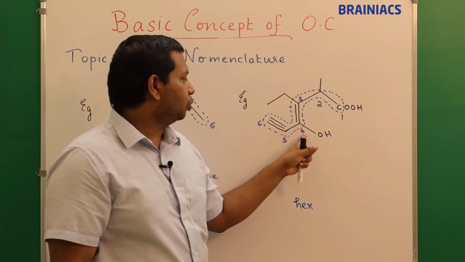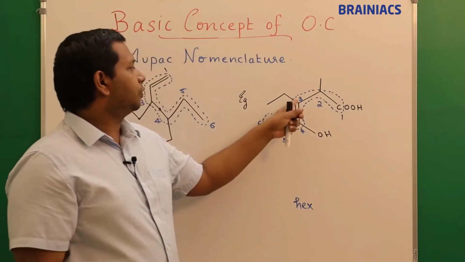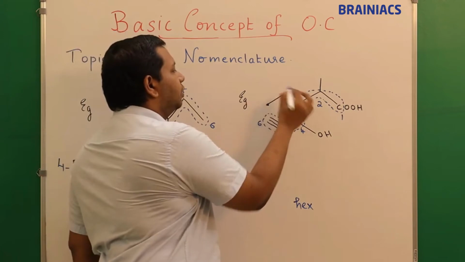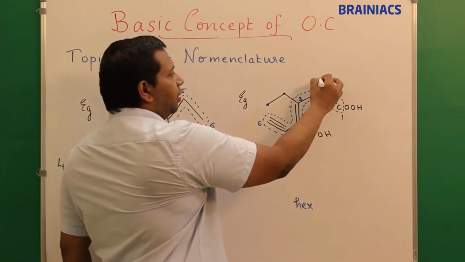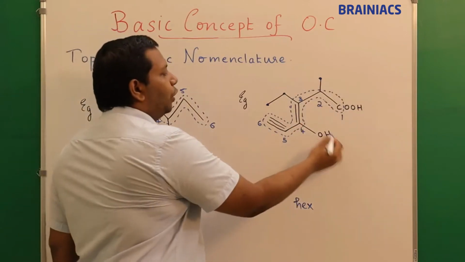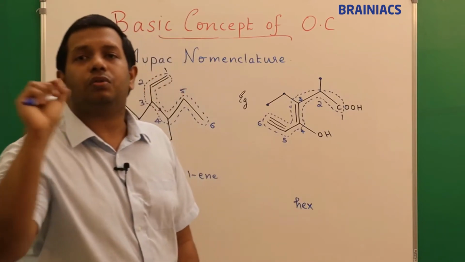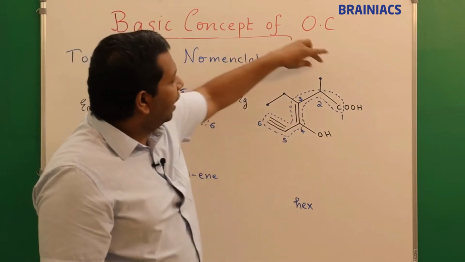Substituents are present at the 4th position, 3rd position and 2nd position. At the 3rd position, 2 carbon atoms are there, so it should be ethyl. In the 2nd position only 1 carbon, so it should be methyl. And in the 4th position it is the OH group. When OH behaves like a substituent, we use the term hydroxy. So this is hydroxy, this is ethyl, and this is methyl.